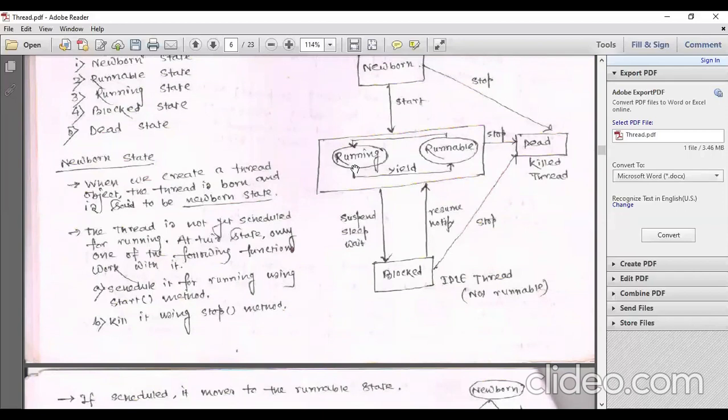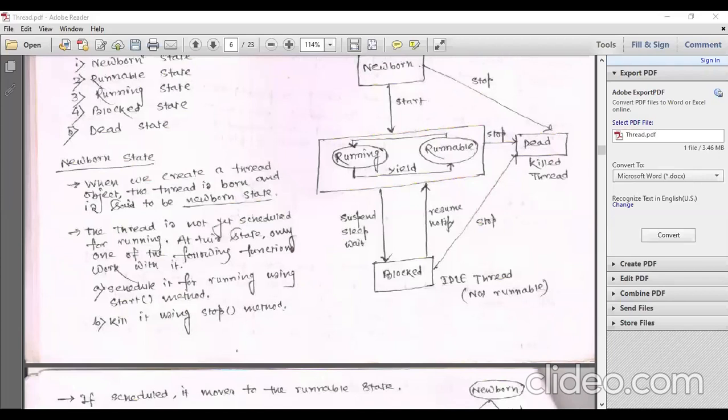If a thread is in running state and you call the yield method on that particular thread, the thread relinquishes its control to the next thread.